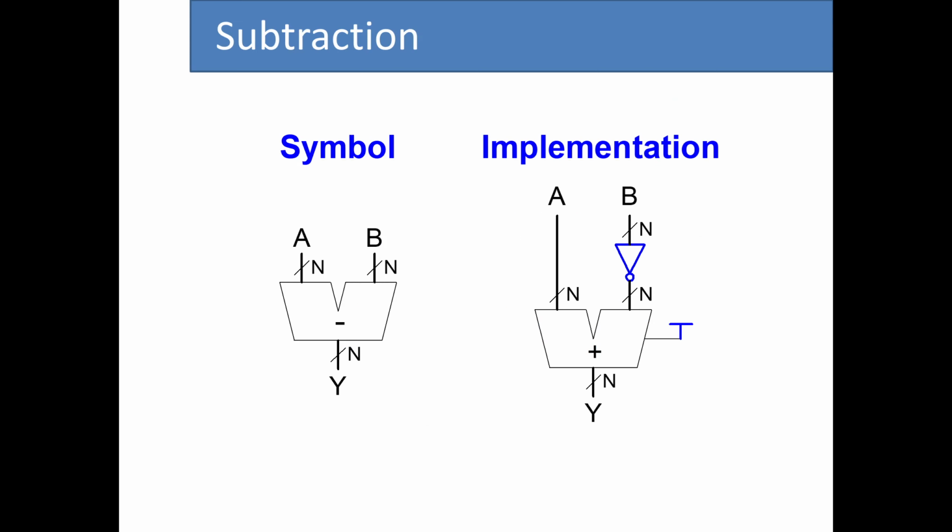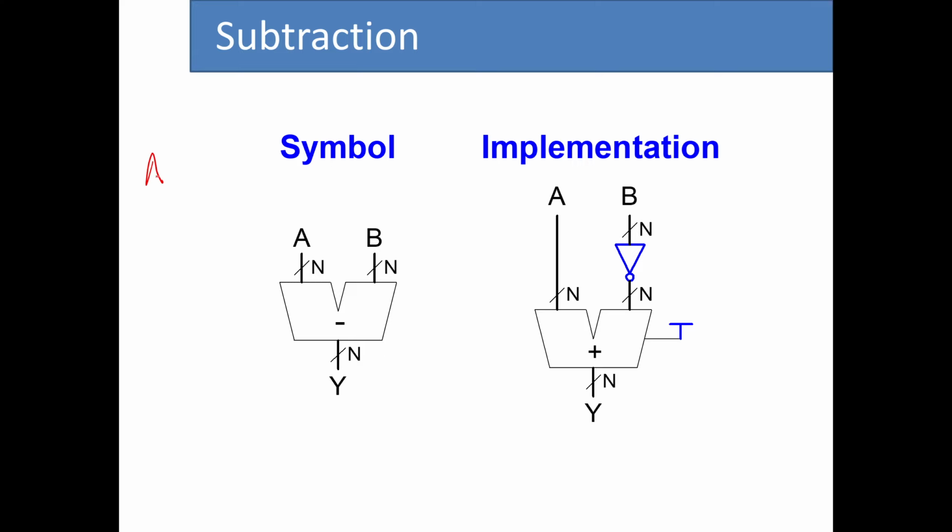So what about subtraction? When we have a circuit for addition, the subtraction is very easy. Because if you remember from before, when we wanted to subtract a number from another one, what we only needed to do was to calculate the 2's complement of the second number.